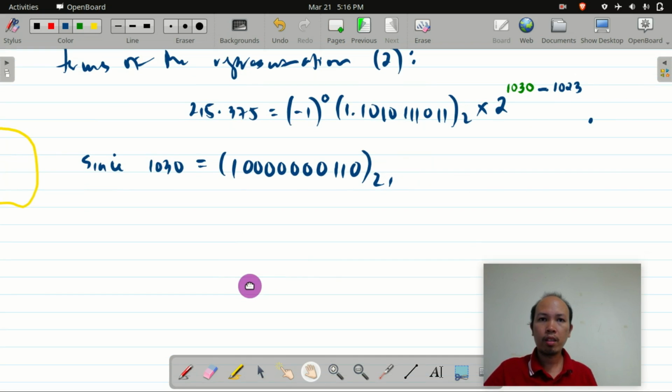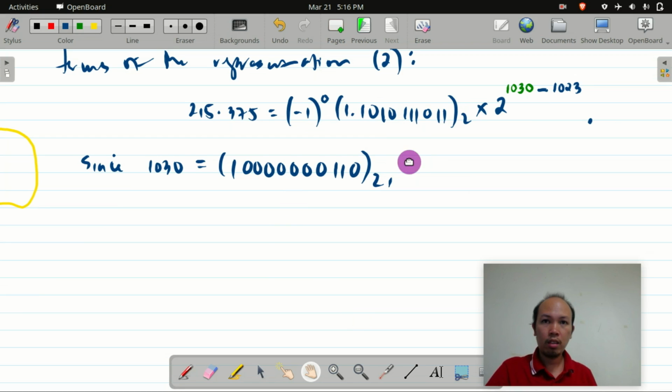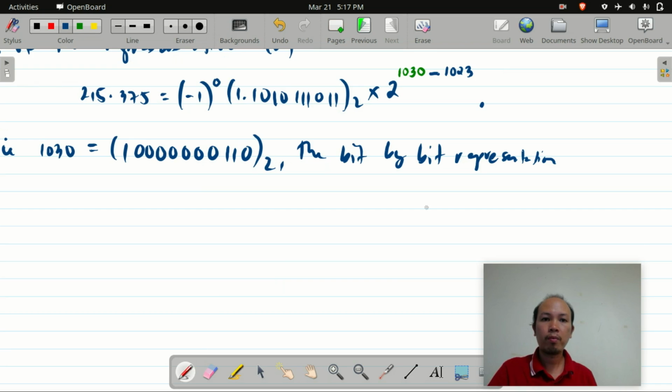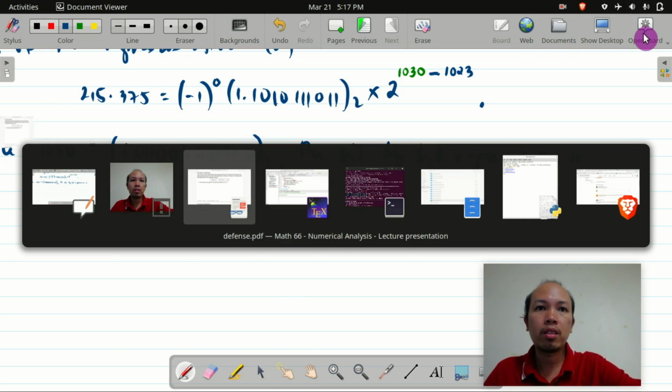the bit by bit representation is, okay. So let's create boxes. So let's recall this box. Let's create this box.